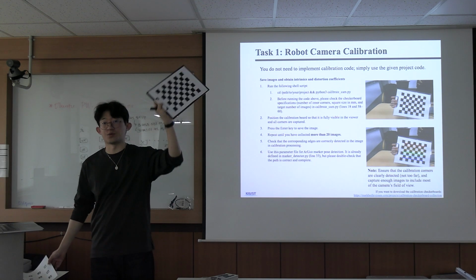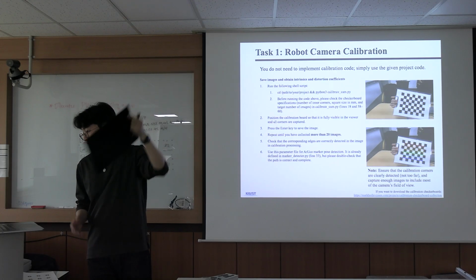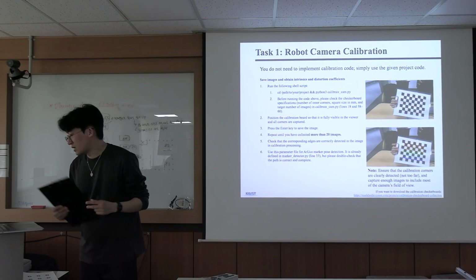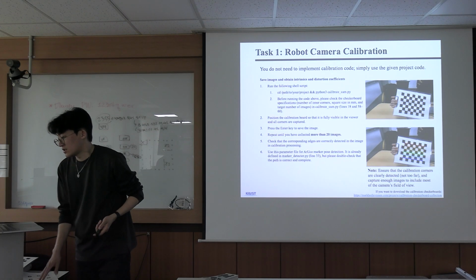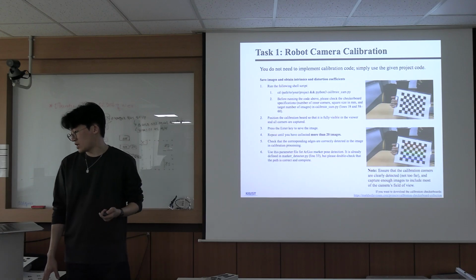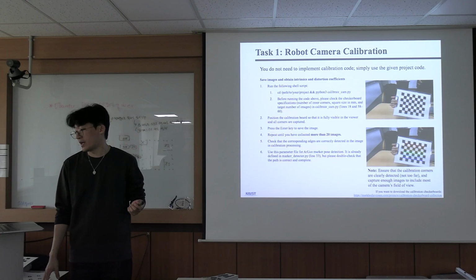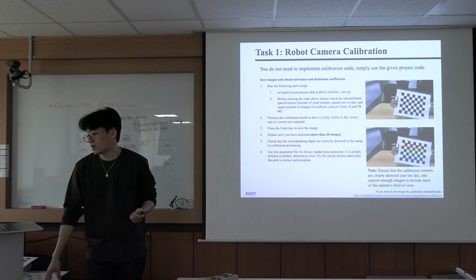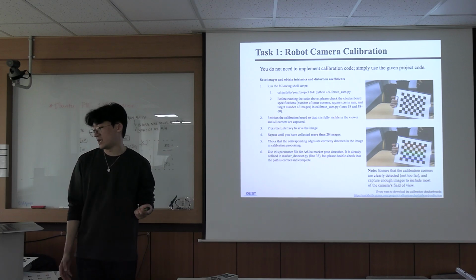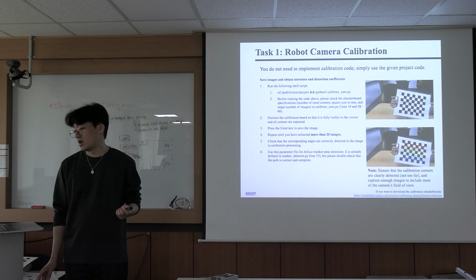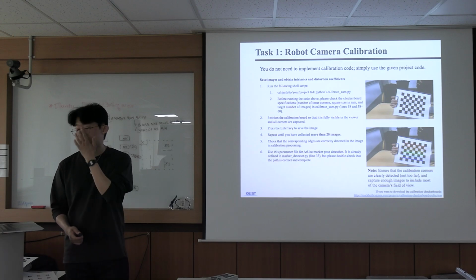This is the calibration board here. I'll place the calibration board not too far away. And please note that you need to capture at least 20 images so that most of the camera's field of view is covered.